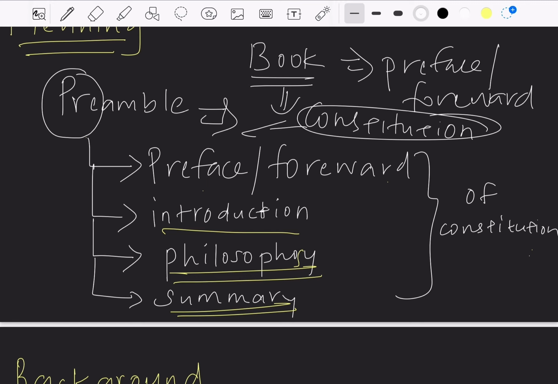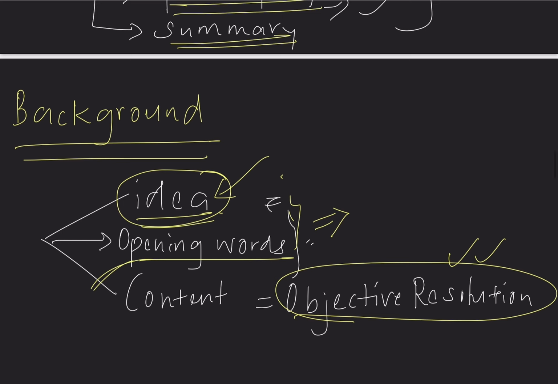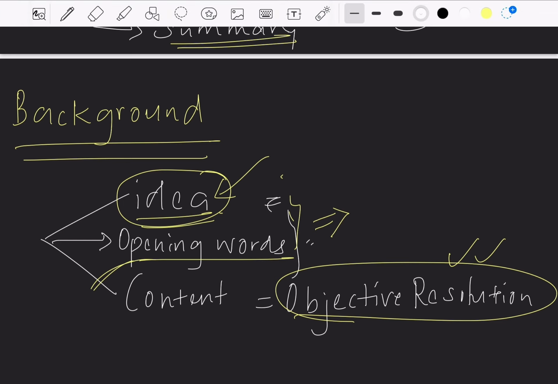So, we can also say the preamble is the introduction of Constitution, or else we can say preamble is summary of Constitution, or preamble is philosophy of Constitution. After understanding the meaning of preamble, we must know the idea behind having preamble in our Constitution.